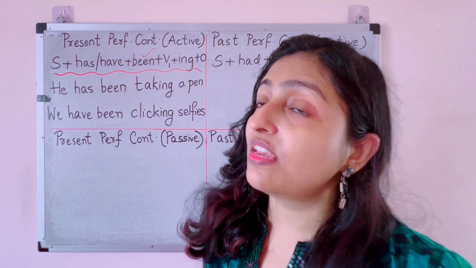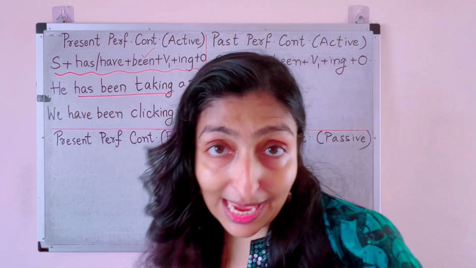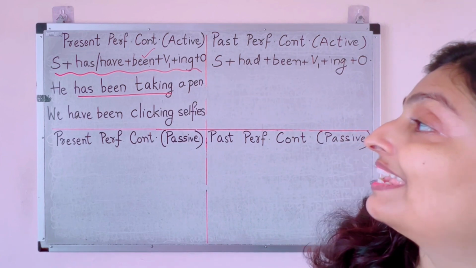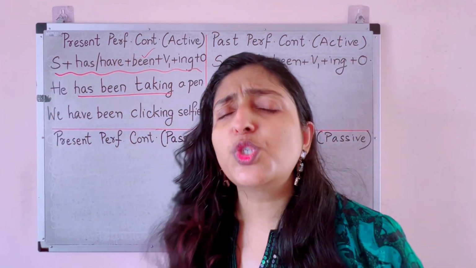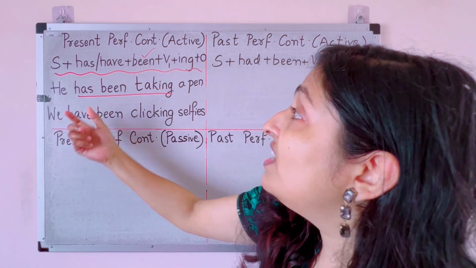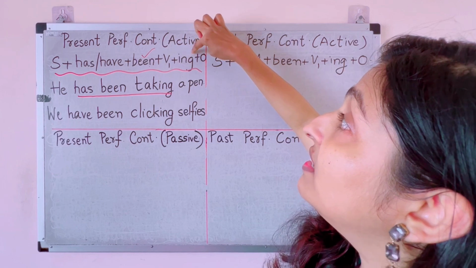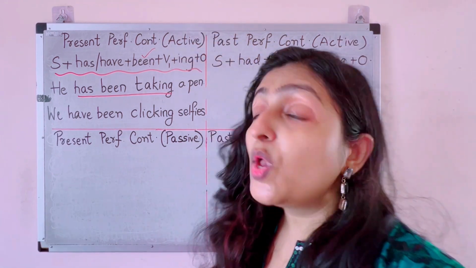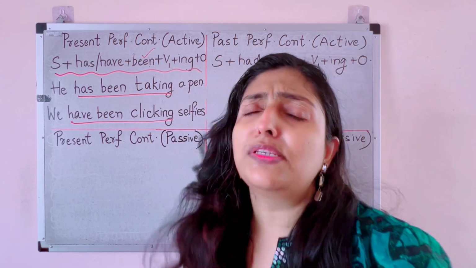A pen is the object. So the final verb is has been taking. Moving on to the second example. We is the subject. Since it is plural, I have chosen have. We have been clicking selfies.